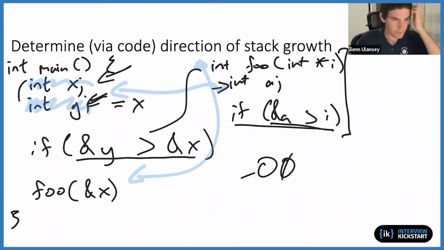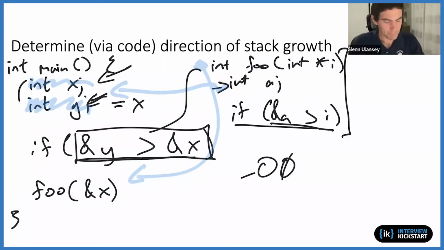But comparing pointers is technically undefined behavior in the C spec. So if we want to get really persnickety about it, we can't do this universally safely. In practice, this probably works fine almost every time, but from a C spec perspective, this isn't something we're allowed to do: comparing these pointer addresses and trying to infer something from that. So that is potentially another answer to this sort of question.